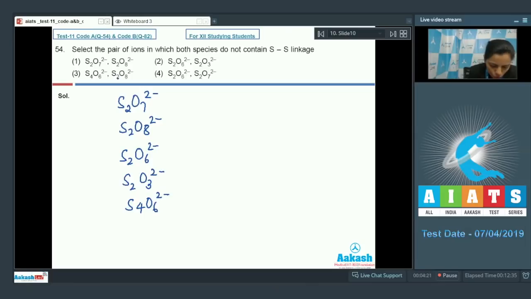Once again, S2O8 is given, which we have already written here. Further, S2O6 2 negative is written, and S2O7 2 negative. It means 5 different ionic species are given, and we need to find the pair of ions in which both species do not contain S-S linkage.